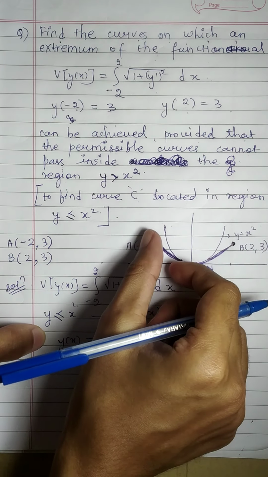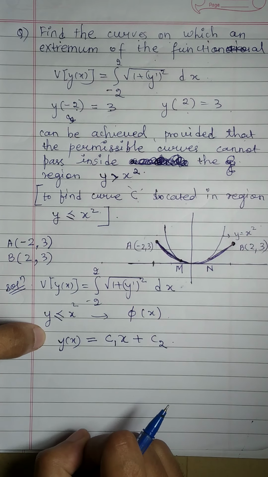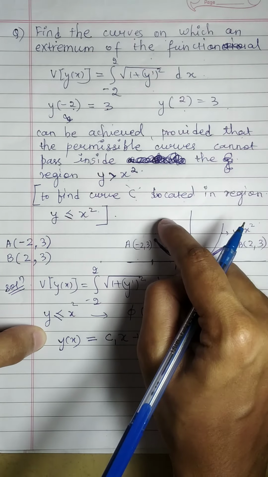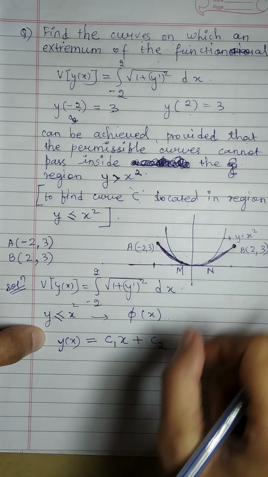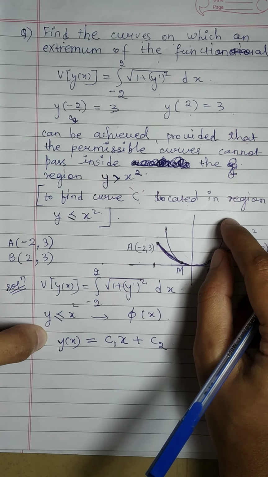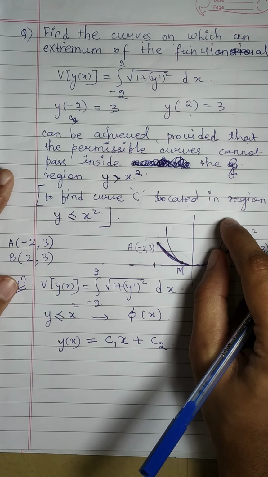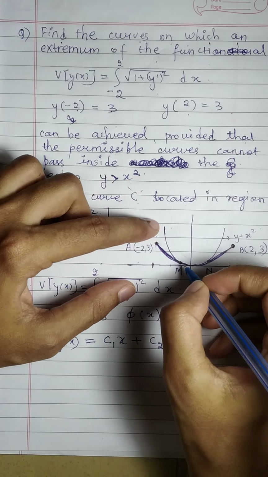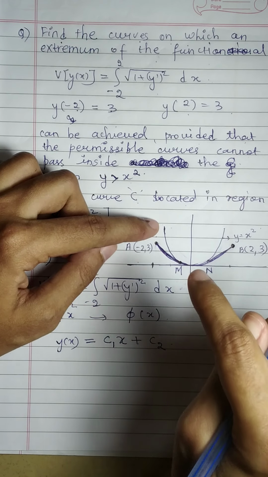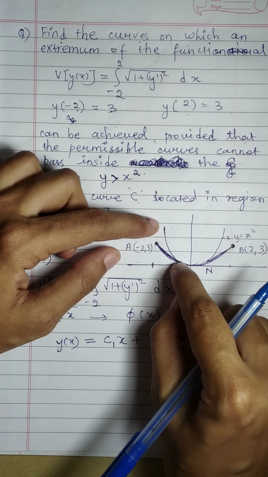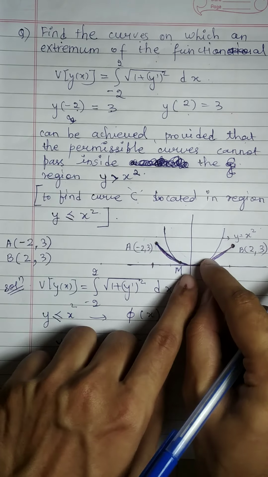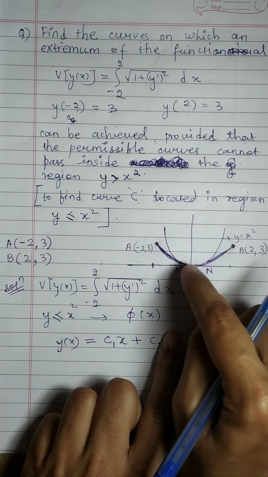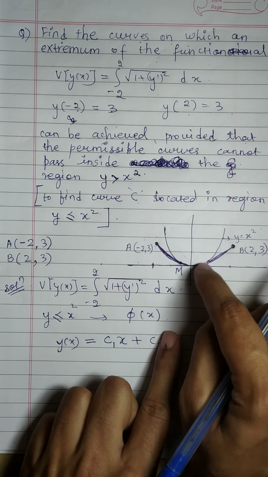Both of them are tangents to the parabola at these points. The remaining portion exactly coincides with the boundary of this curve, that means it will be x square here.